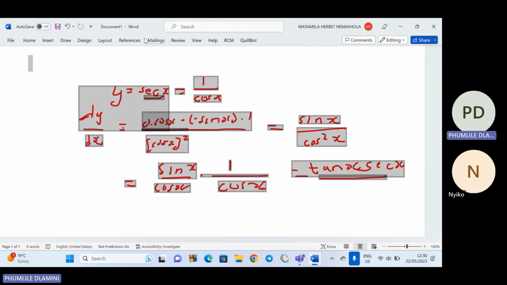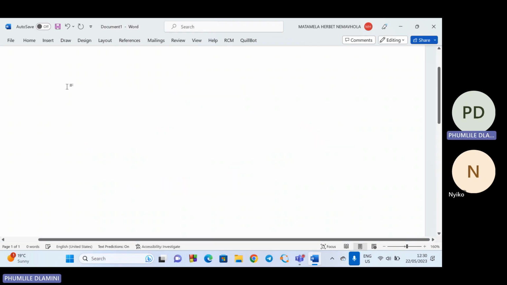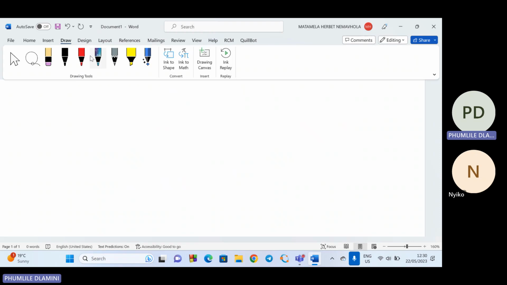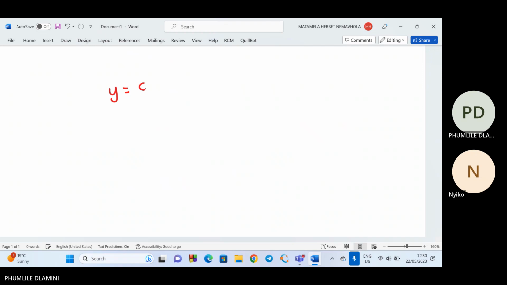Now you might be working with functions that normally confuse students, functions like cot x. If I'm writing cot x, I know that this is the same as 1 over tan x. So if we are differentiating tan x, it is sec squared x.